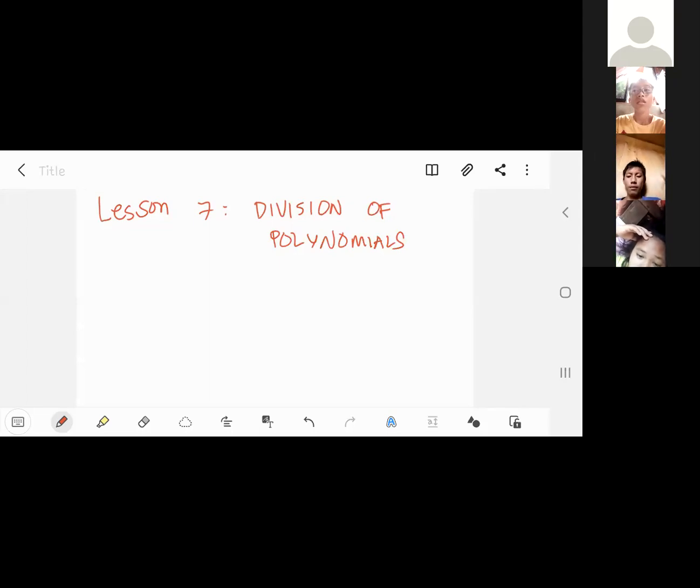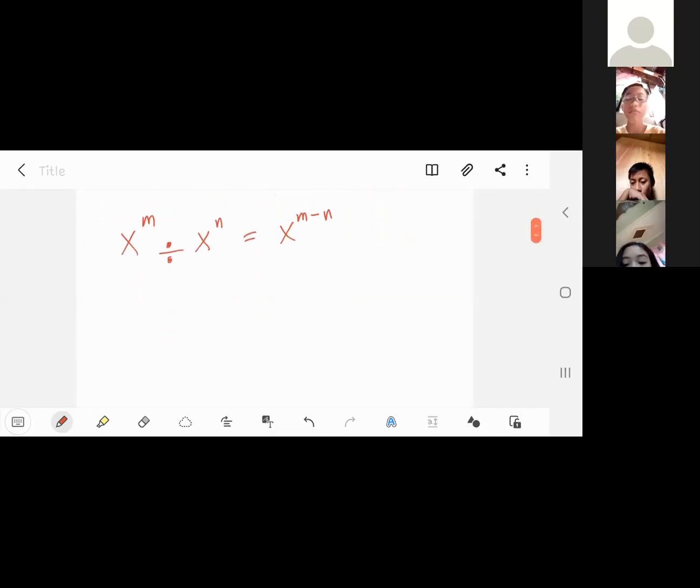Subtract, right? So for example, we have x to the power of m divided by x to the power of n. Therefore, x to the power of m minus n. Meaning to say, i-subtract lang ang exponent. Okay, we are already clear with that.